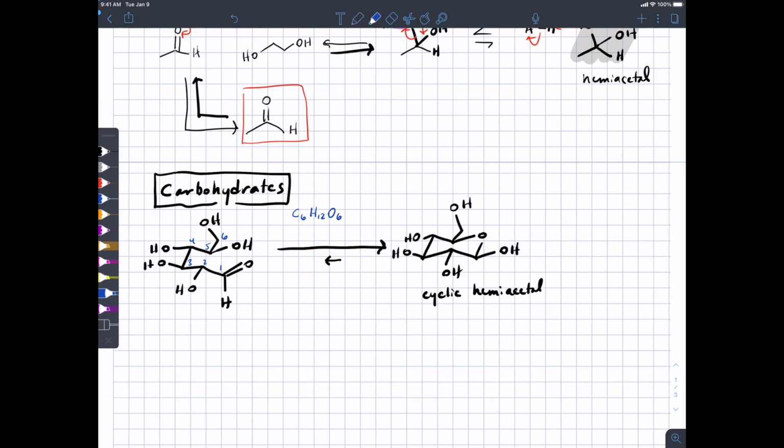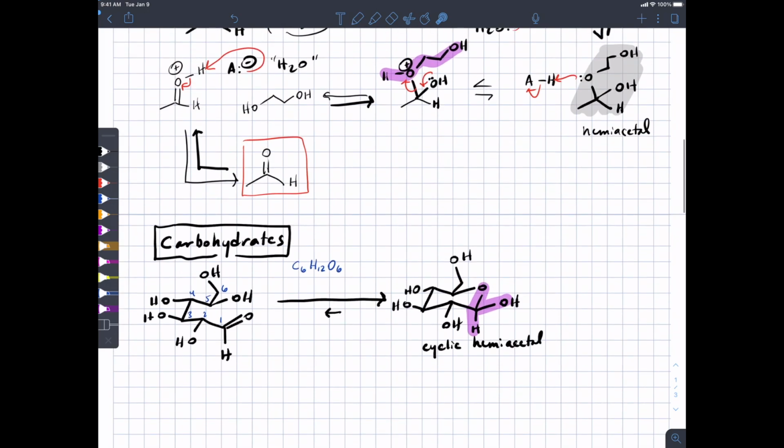And you can see here's the aldehyde proton. Here is our sp3 hybridized carbon, where one of the groups is an OH and the other is the oxygen from the ring, but you could think of this as just another OR group. So you should see the similarities between these two structures.